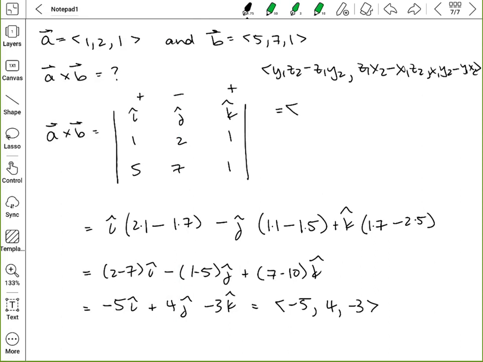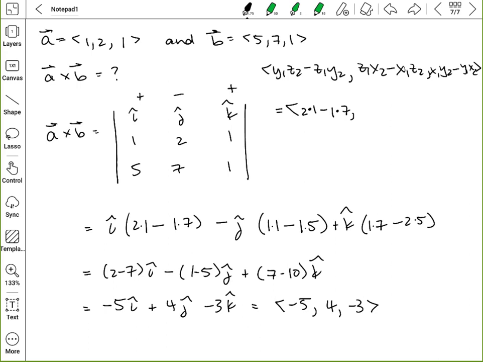It would be y1 is 2, z2 is 1, z1 is 1. I'm underlining the one that it corresponds to each time in case that helps. And then y2 is 7. So x, y, z corresponds to the first, second, third components, and then 1, 2 corresponds to did it come from the first vector or the second vector.